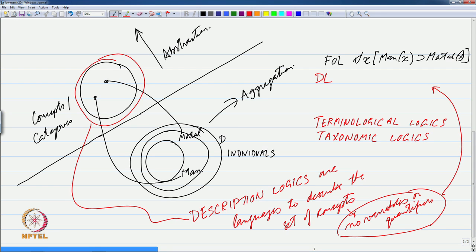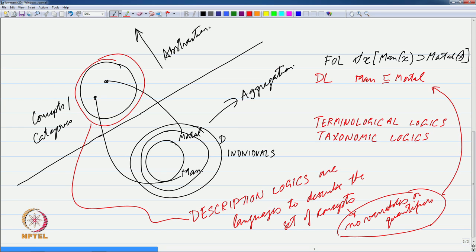So, the language only allows you to talk about concepts essentially. You would simply say that man is a subset of mortal. It is a language in which we do not use quantifiers over the domain at all.